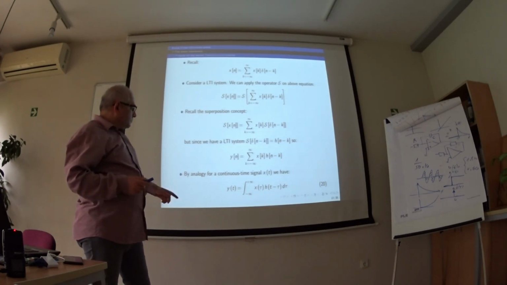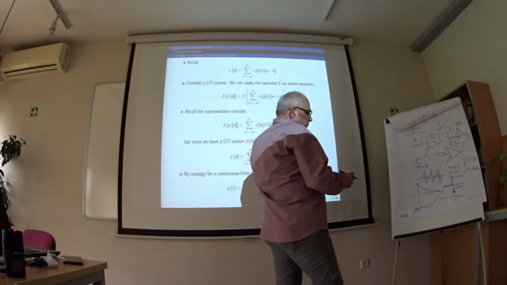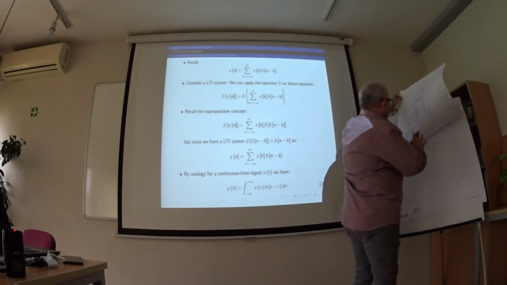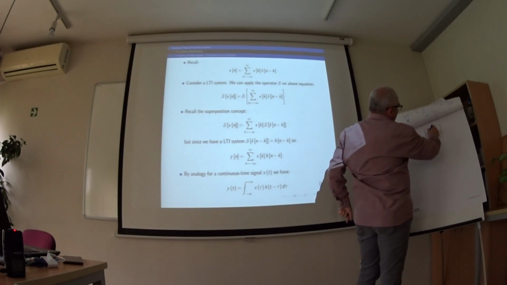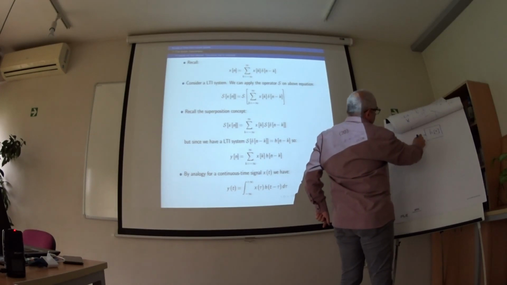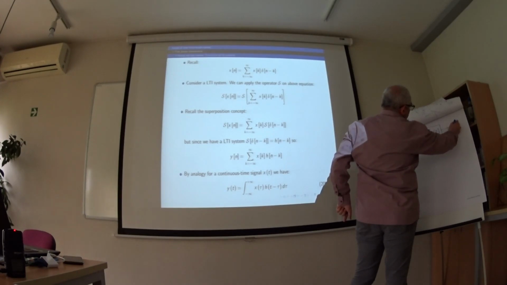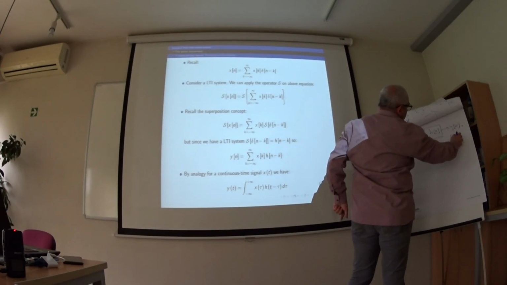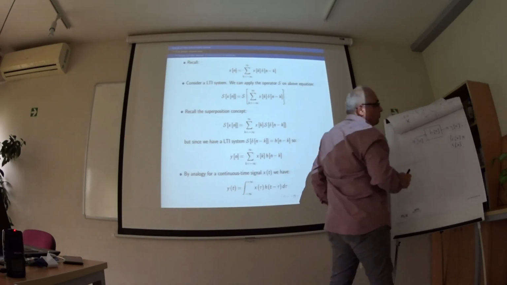Now, finally, our output signal. We have a system. We know its impulse response. If we apply an input signal x, the output signal y is equal to the impulse response convolved with the input signal. We have a convolution.